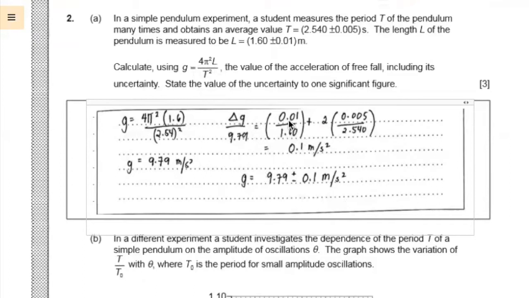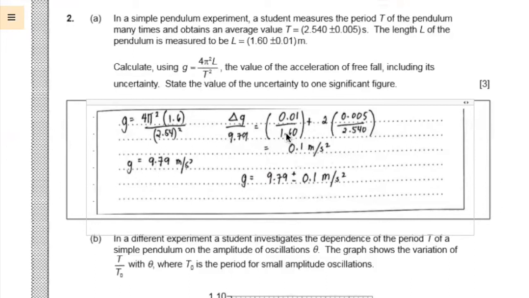So I will just do delta g all over 9.79 equal to 0.01 over 1.60 plus 2 times 0.005 all over 2.540, because you need to multiply it by 2 because this is T squared. So the answer here is equal to 0.1 meters per second squared.